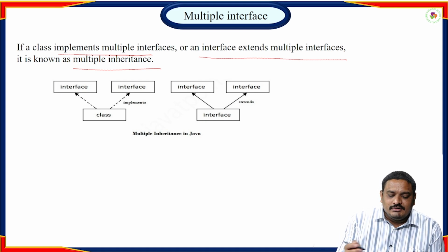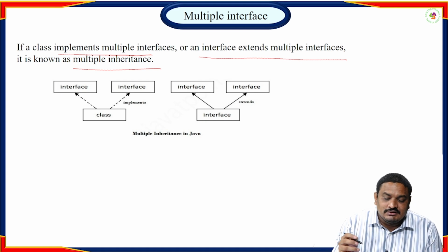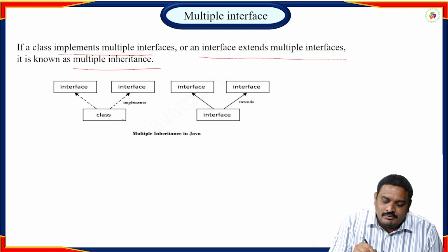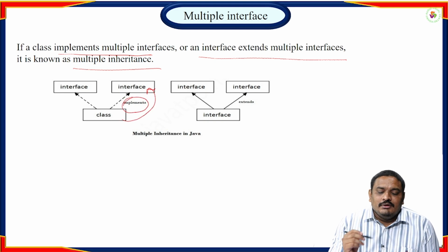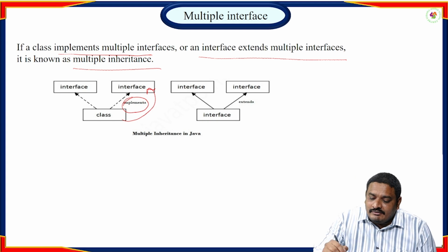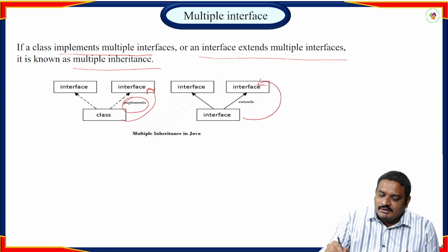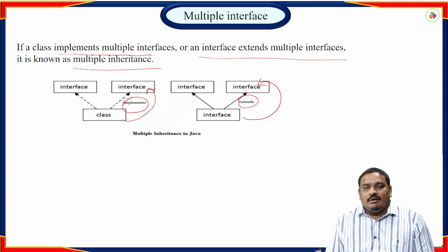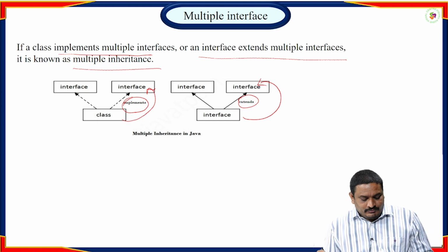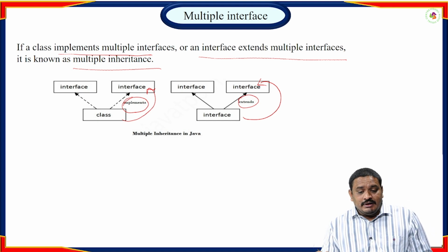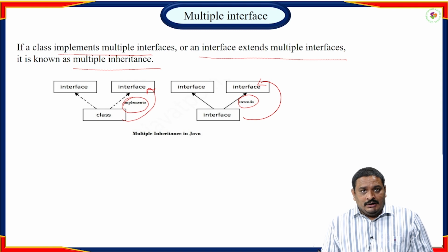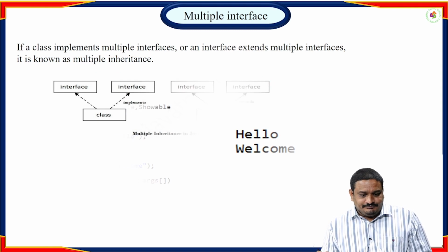What is the relation in multiple inheritance in Java? A class can implement the interface, and we use the implements keyword. An interface can extend another interface, and at that time we use the extends keyword. That is multiple interfaces.